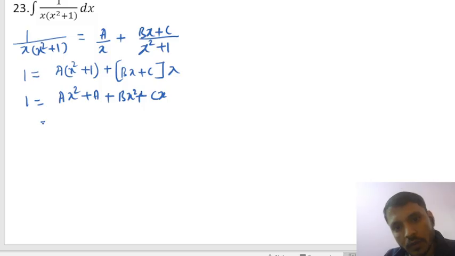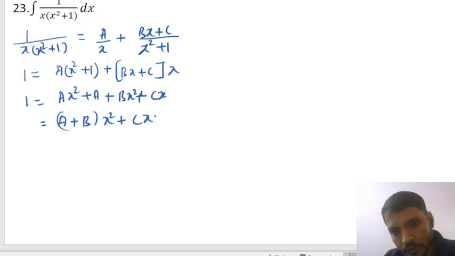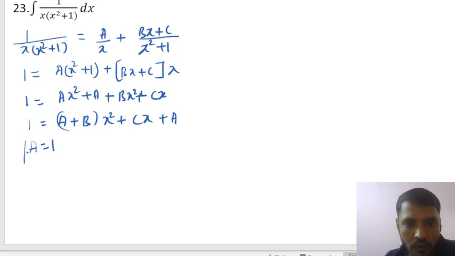That means what are the like terms here? Taking x square common, we have a plus b, and the x term is cx and the constant is a. The constant we can directly equate, so a is equal to 1.